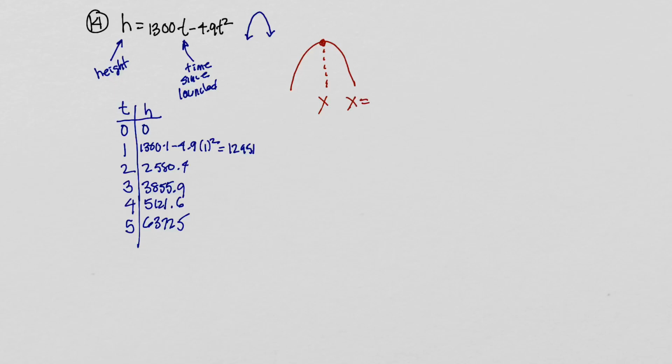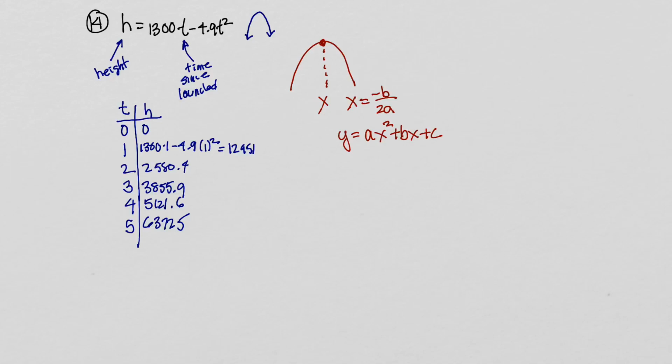X is equal to negative b over 2a, where you have y equals ax squared plus bx plus c. So a is the coefficient of the squared term, b is the coefficient of that linear term.